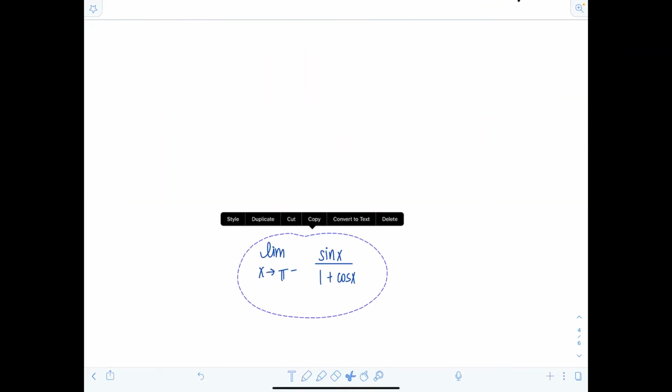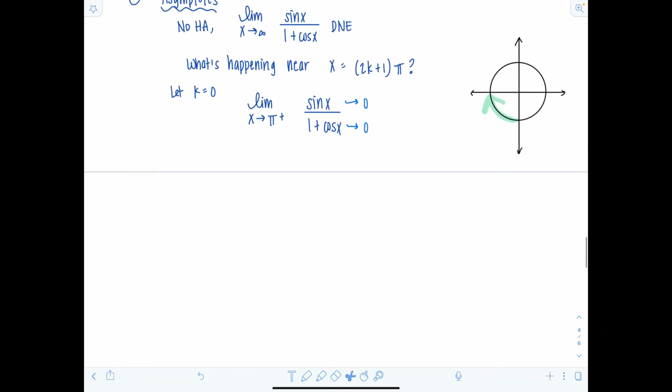So let's go ahead and apply L'Hopital's rule. Let's move this out of the way. Always indicate that you're using L'Hopital's rule. Throw a little h over there. So we've got the limit, x approaches pi from the right. Derivative of the numerator is going to be positive cosine x. Derivative of the denominator is negative sine x.